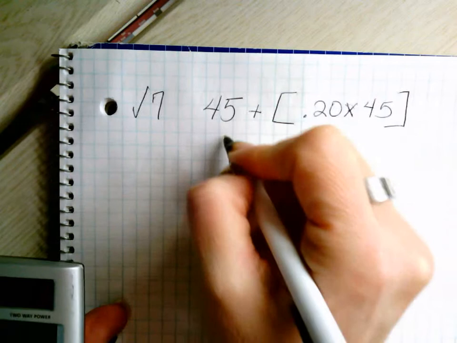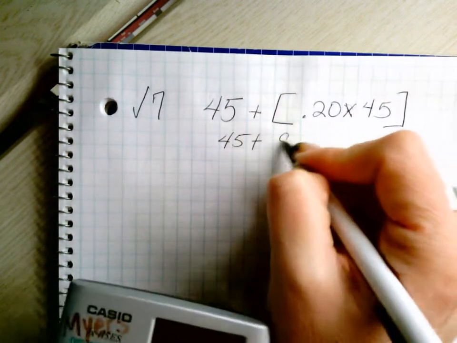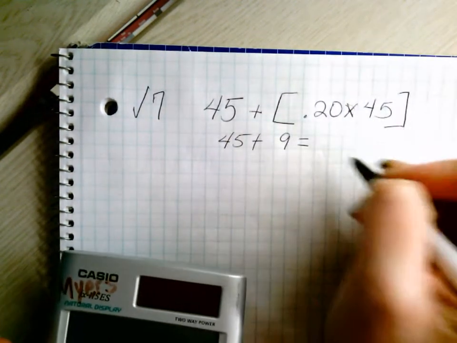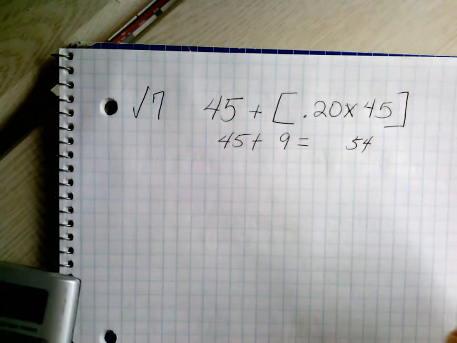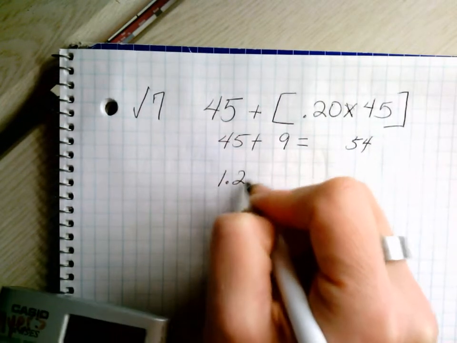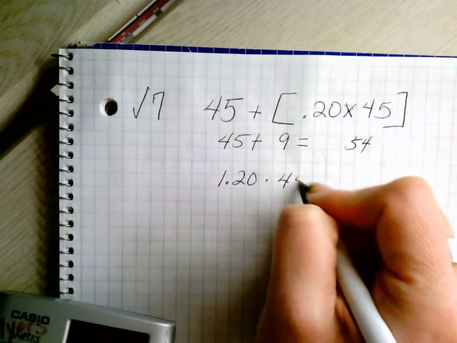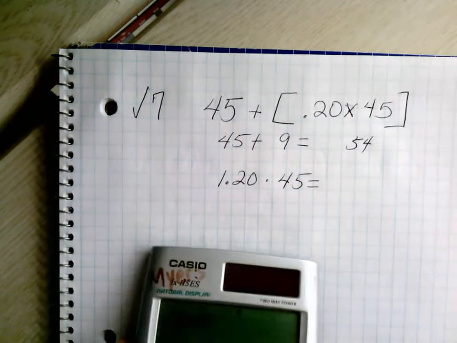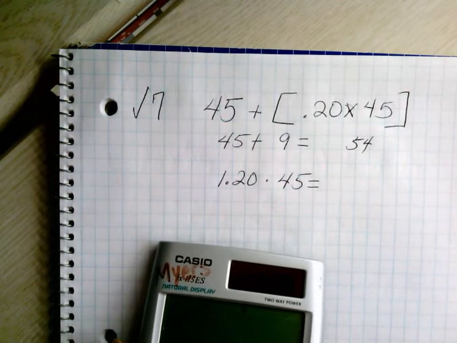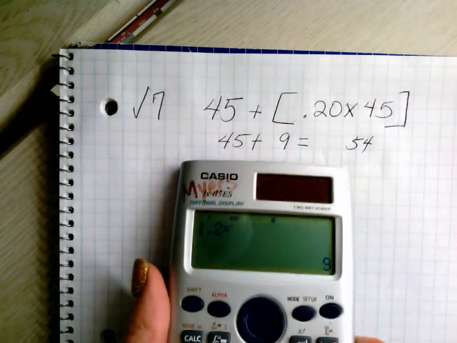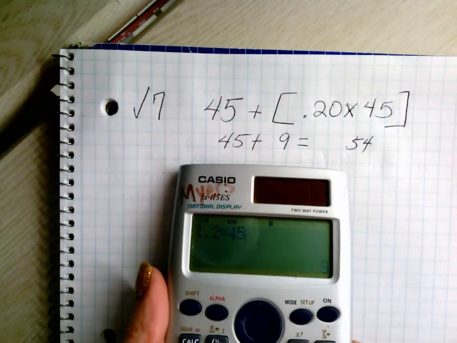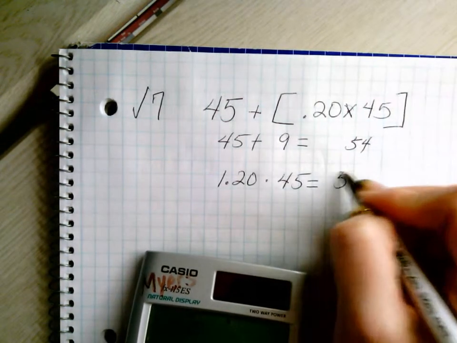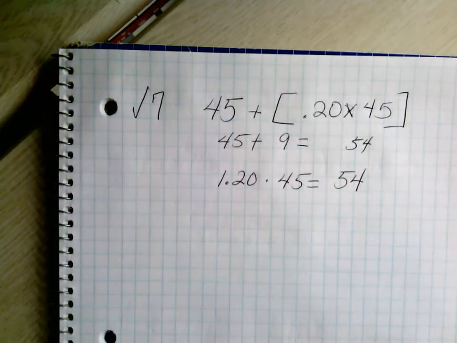So 45 plus 9 will give you an answer of 54. Or I can do 120% of 45, which includes the 20% addition. 1.2 times 45. Oh, look, same answer. Okay, this works when you're adding. It also works when you're subtracting.